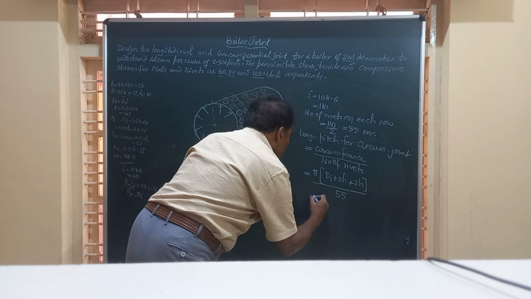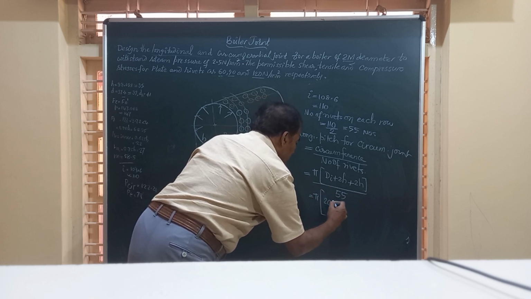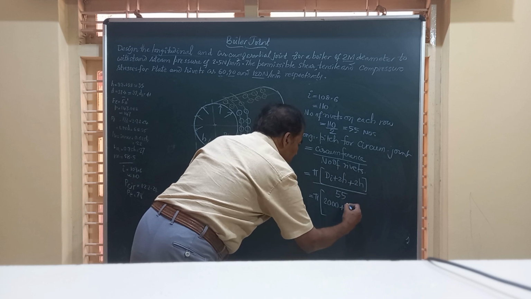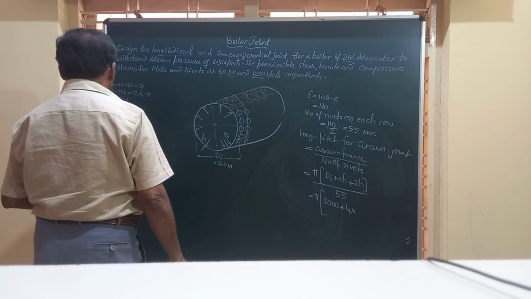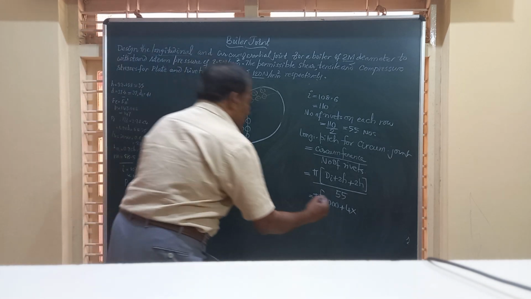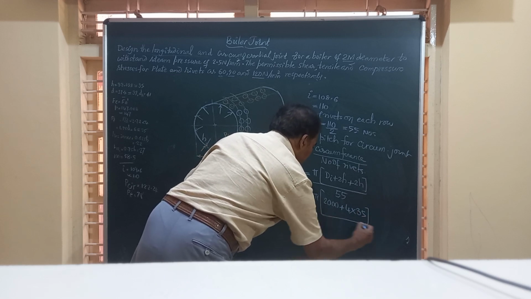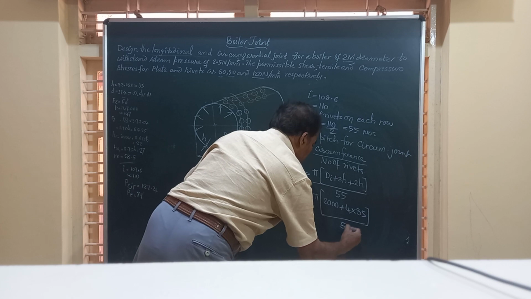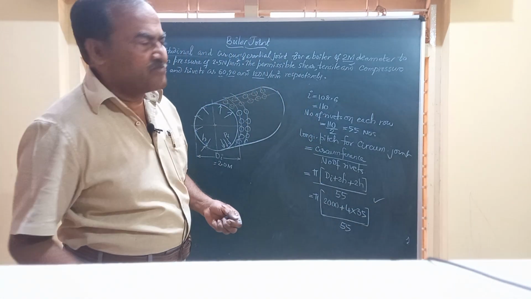So friends, this is going to be pi times (Di is 2000 mm plus 4 times h, 4 into the thickness of the shell, h value is 35) divided by 55. You can calculate the value of the longitudinal pitch.